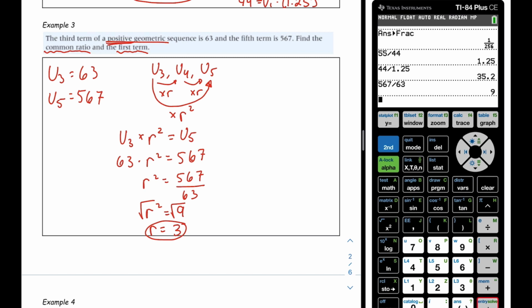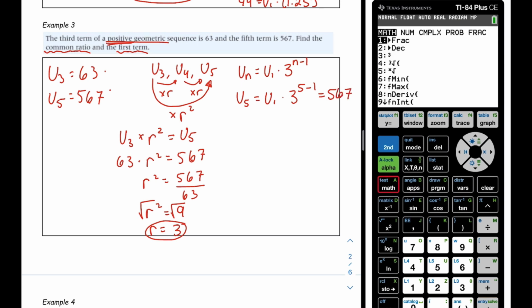Let's find our first term. We're going to use any one of our terms, and we're going to create the general rule. So un is equal to u1 times our common ratio to the power of n minus 1. If I substitute in u5, for example, I'm going to have u1 times 3 to the power of 5 minus 1, and I know that this is equal to 567.